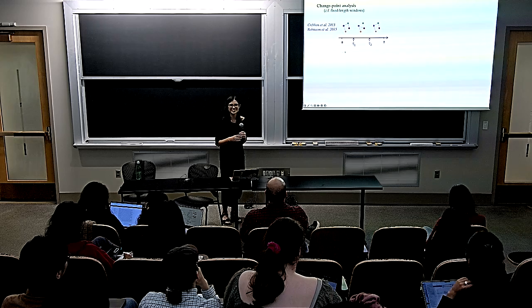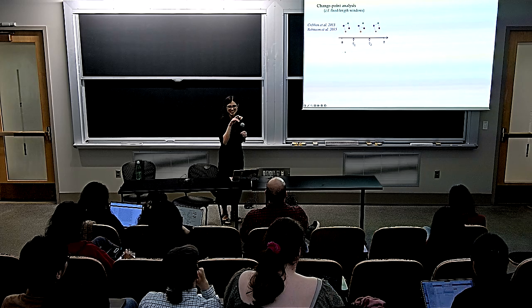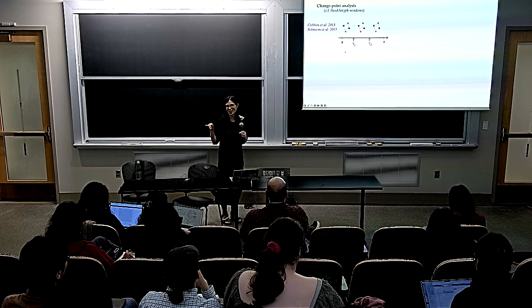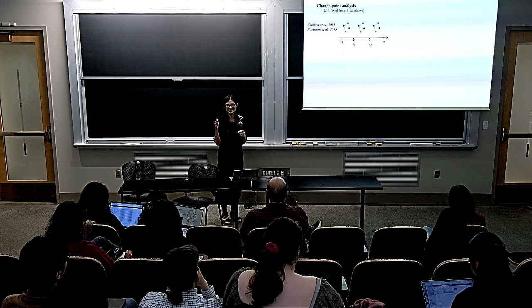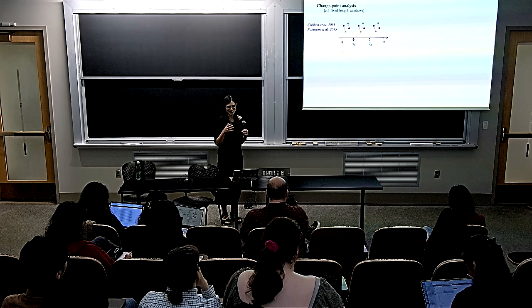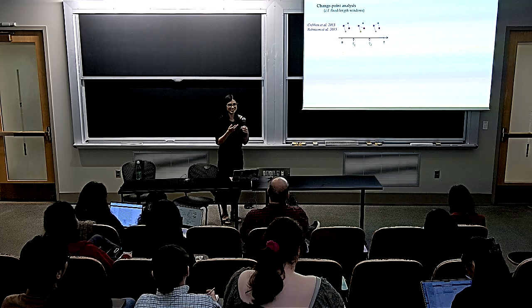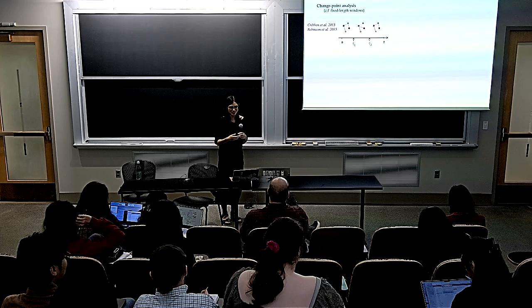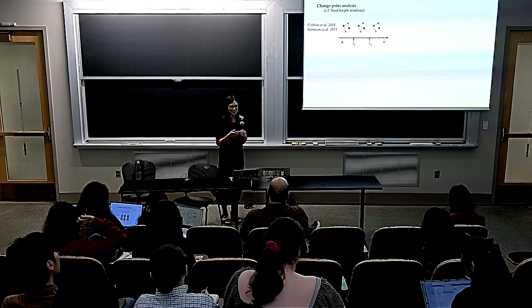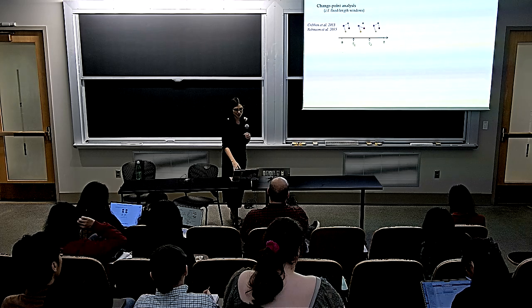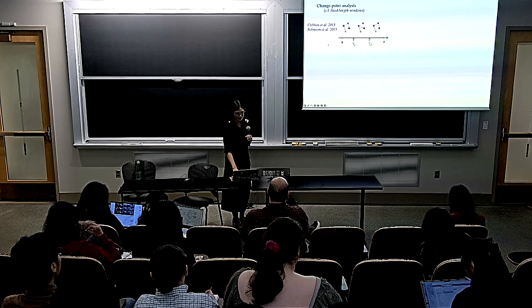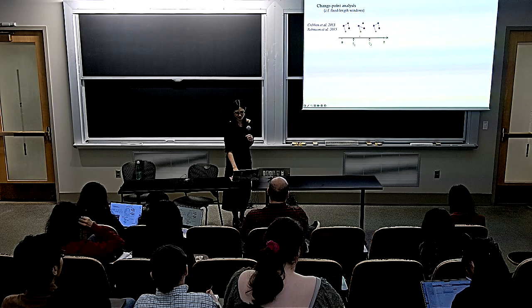In the sliding window framework, you fix your window size and move it along, but why don't we let the data decide when some change happens? There are methods from statistics to identify points in time where the statistics of the data are changing, whether of the raw signals or of the functional connectivity, and these groups have started to apply this to fMRI data to detect change points in a data-driven fashion.